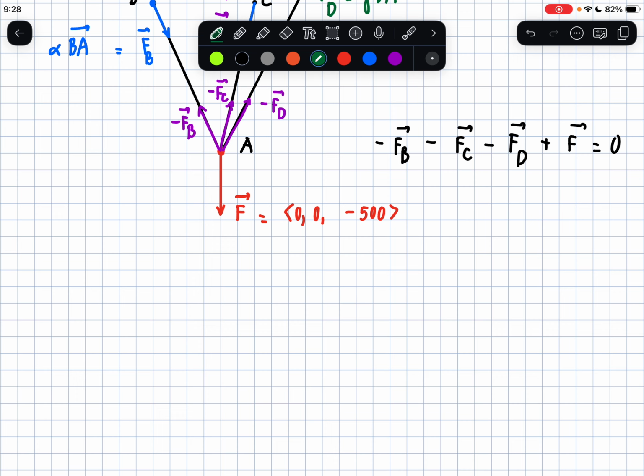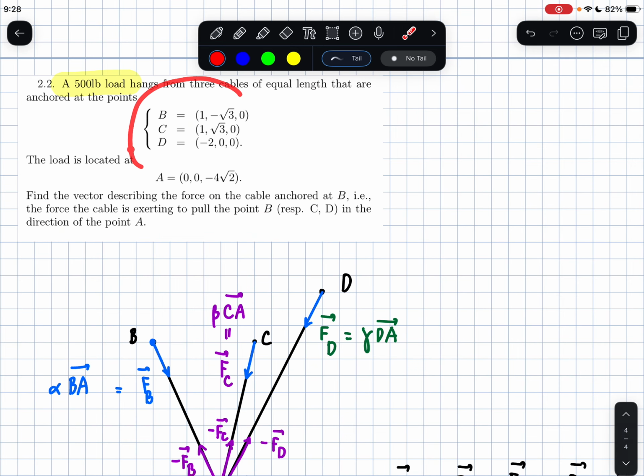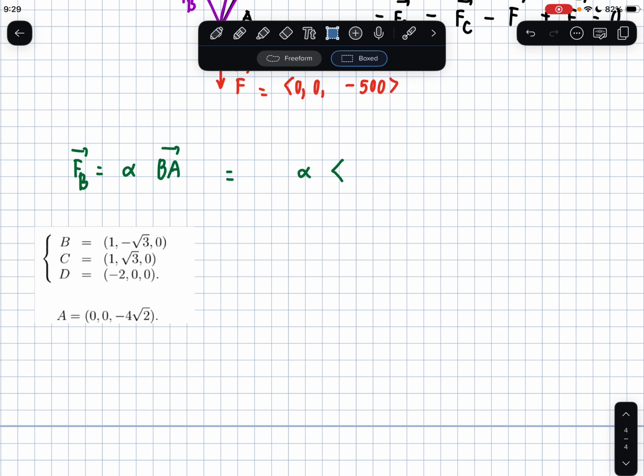So we have FB, alpha multiplied by BA. BA is a vector: the x coordinate of A minus the x coordinate of B, and so on.